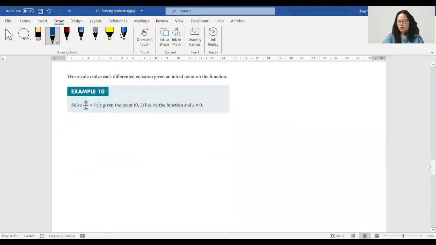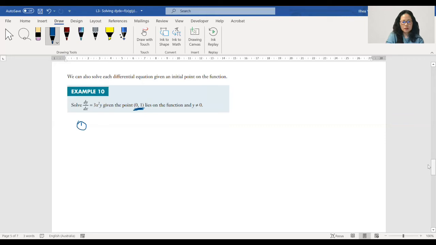Now, example 10. Okay, similar, but with an extra step. Now we don't have to deal with a constant here, because we will find the constant when we use the x and y values there. Okay, so first step, we're going to separate them. So I'm going to separate straight away.